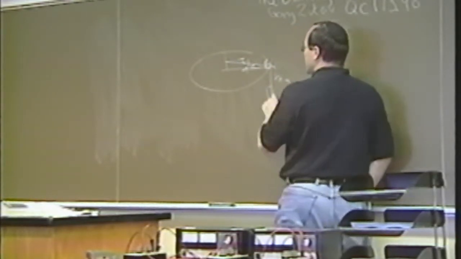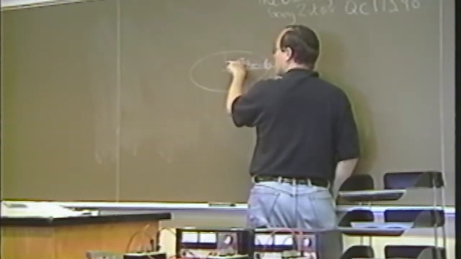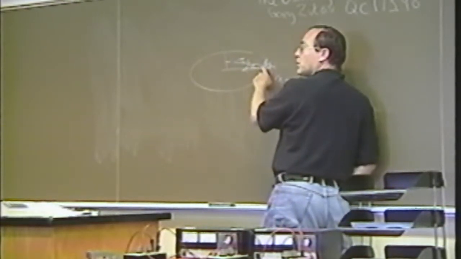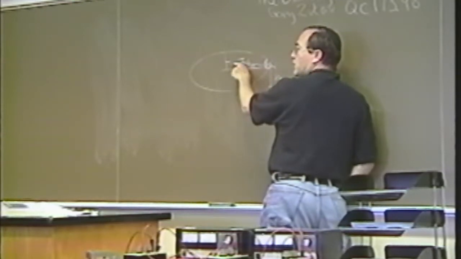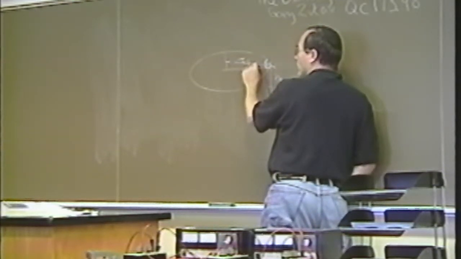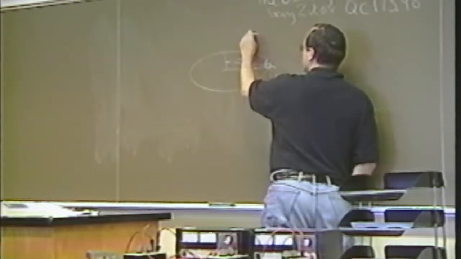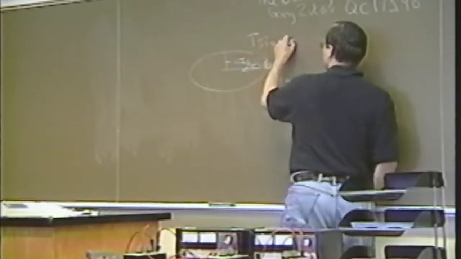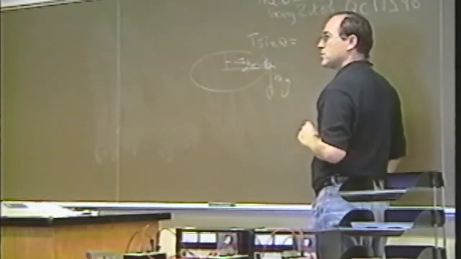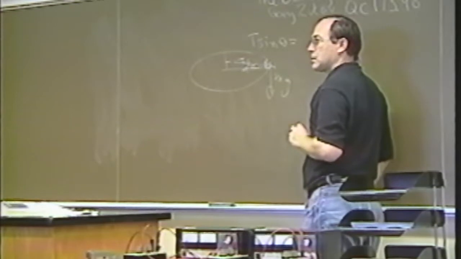Now, if this tension is very big, this angle can be very small. It'll be T times sine theta. The bigger T is, T sine theta has to equal what? What does that have to balance out? mg.